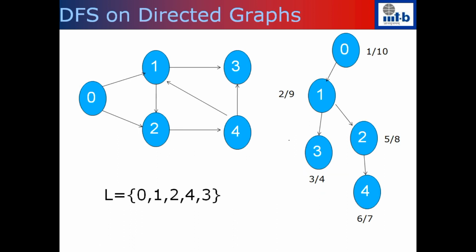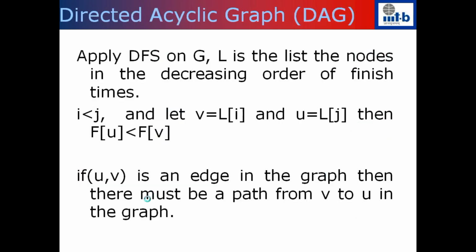In this example, vertex 3 is the one which finishes first. Then the fourth vertex finishes, then the second vertex finishes, then the first vertex finishes, and the last vertex to finish is the 0th vertex. So this is the list that we are going to get.